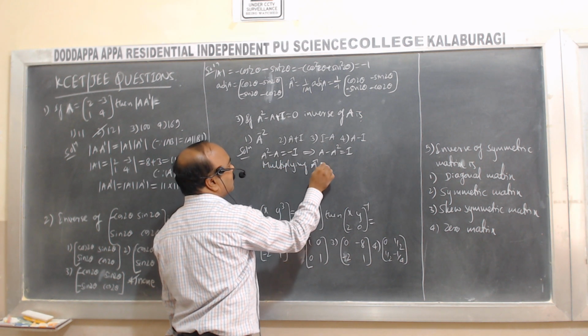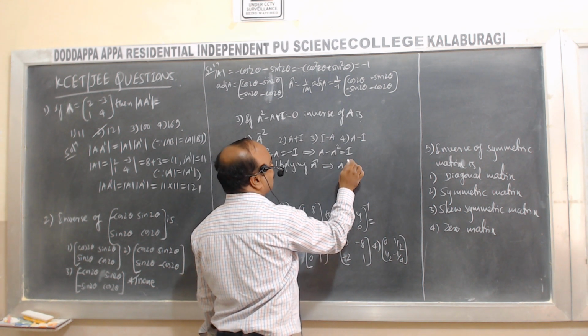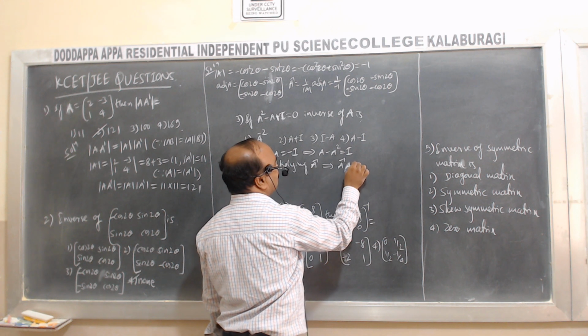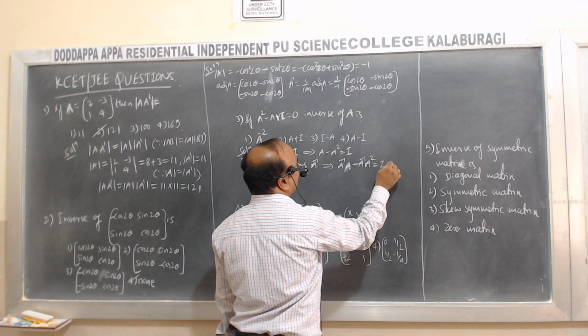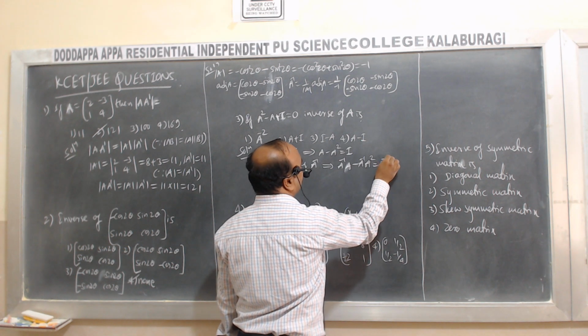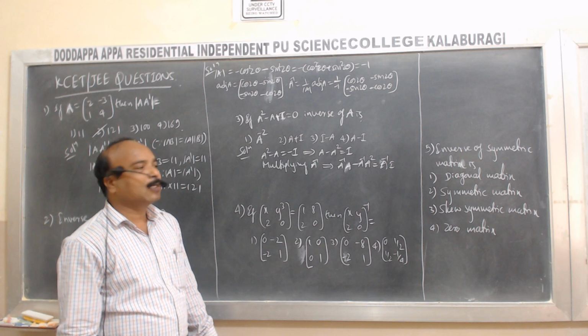A inverse, we get A inverse into A minus A inverse into A square equals A inverse into I. Now by multiplying by A inverse, we get this step.